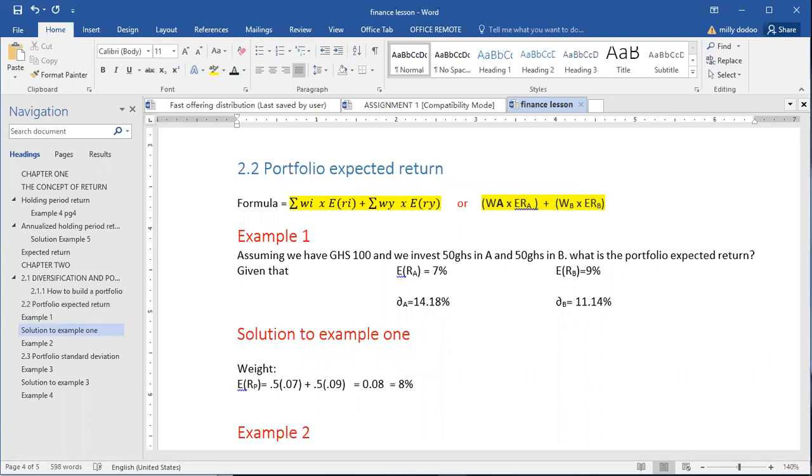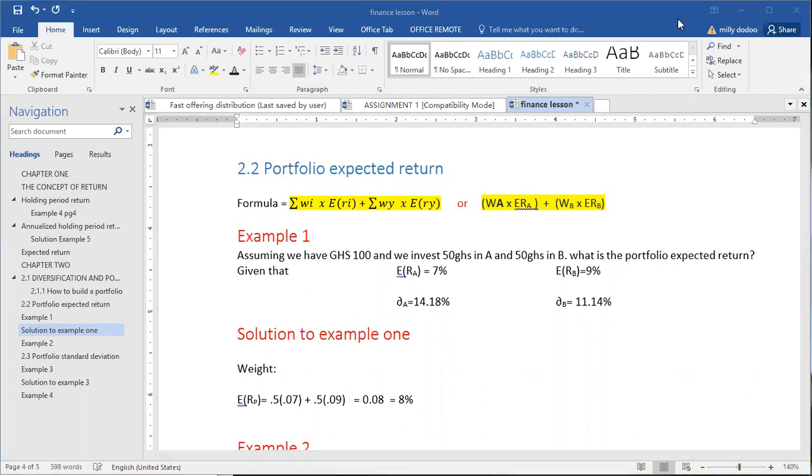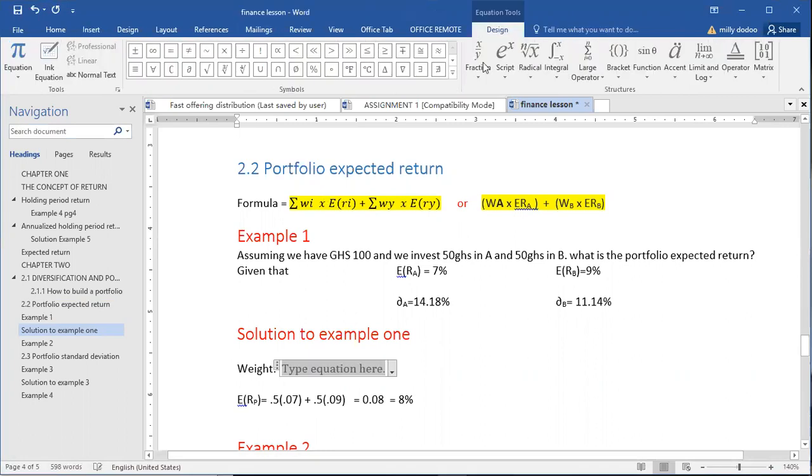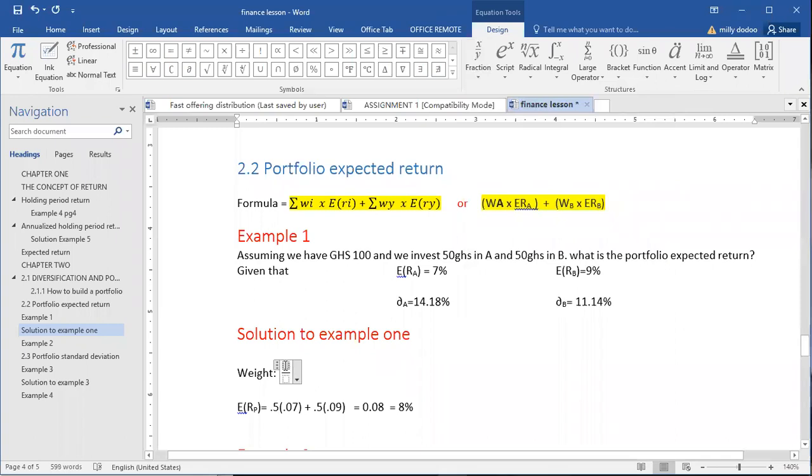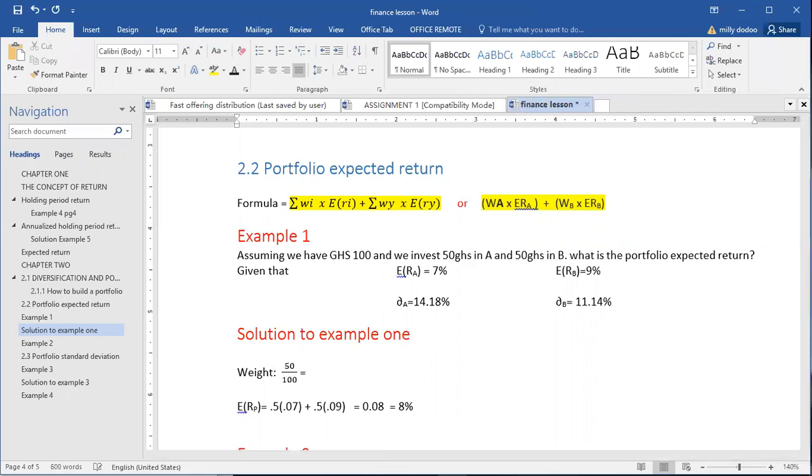The weight is equal to how much am I pumping into Delphina? 50 Ghana cedis, right? So it's the proportion I'm investing into Delphina divided by the total investment. So weight of A, I'm investing 50 Ghana cedis out of the 100 Ghana cedis, so I'll get 0.5.